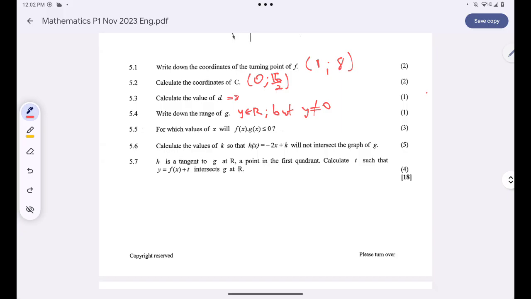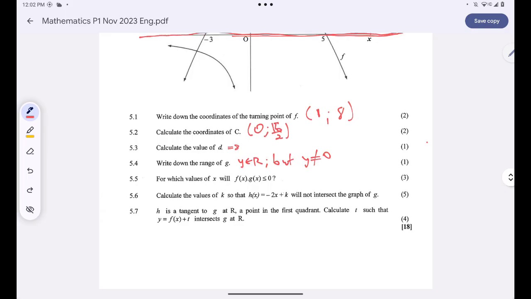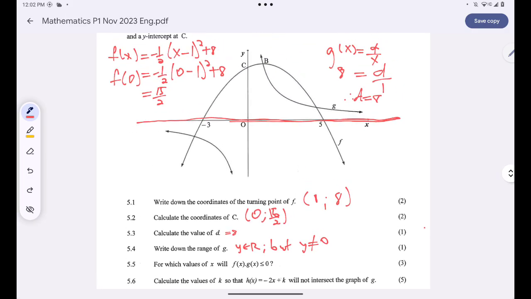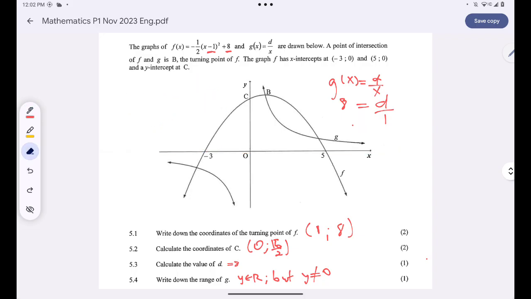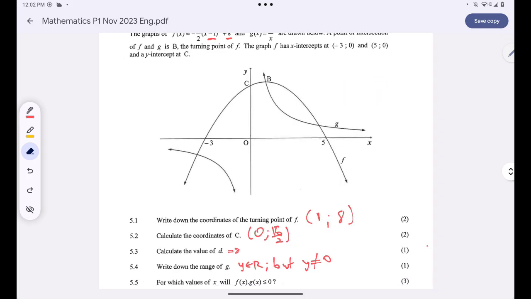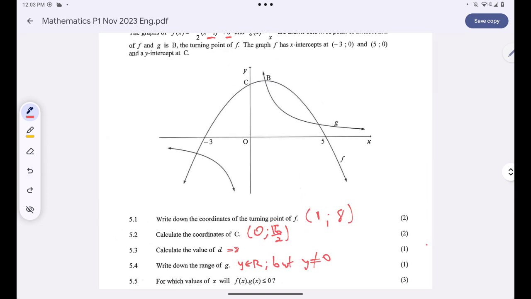5.5. I'm being asked for which values of x will the product of the two graphs be negative. Okay, I'm looking at the two graphs now, guys. I have two things multiplied and the answer is negative. Less than 0 means negative. Which simply means that I'm multiplying two things that have different signs.